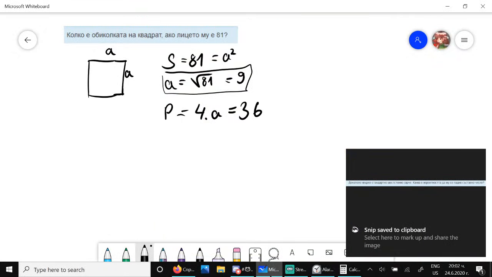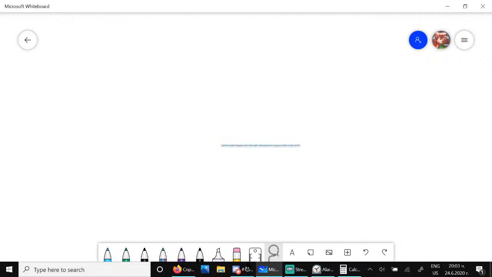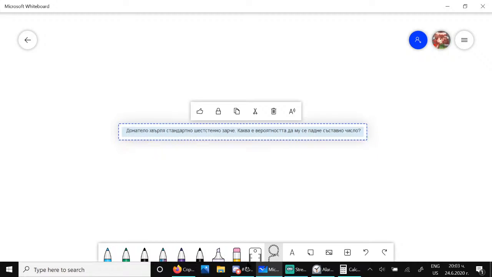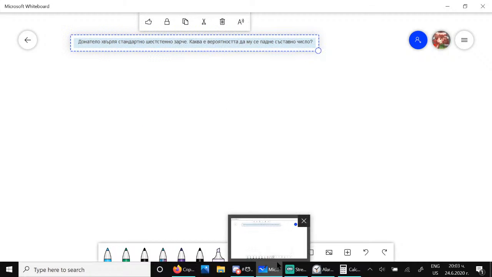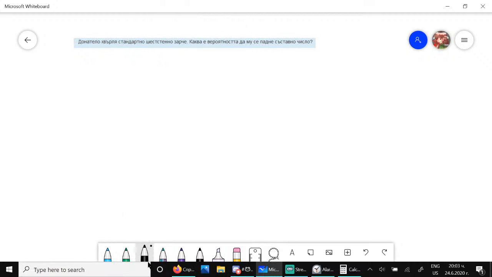Donatello throws a pair of 6-sided dice, and the question is, what is the probability that the number he gets is not a prime number? So it's a non-prime number.